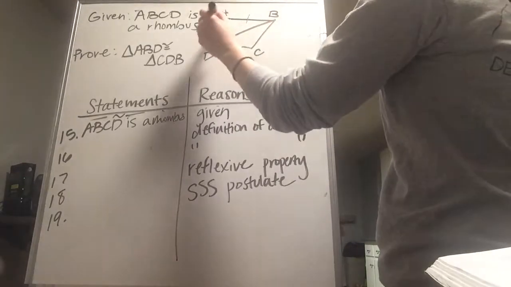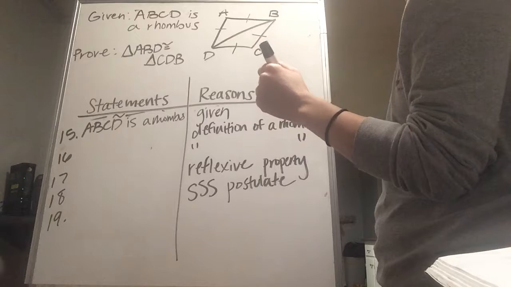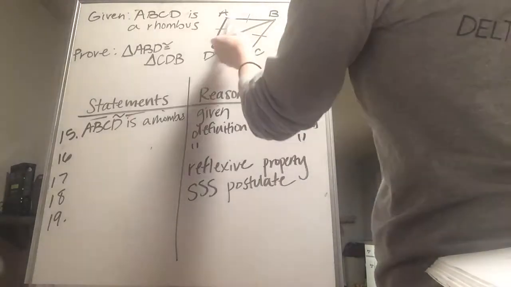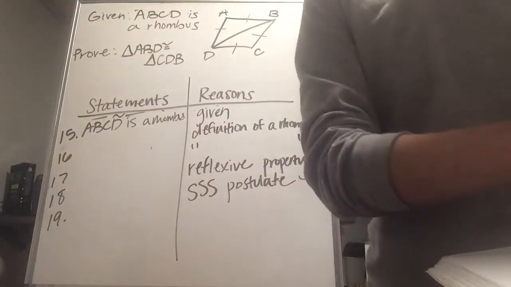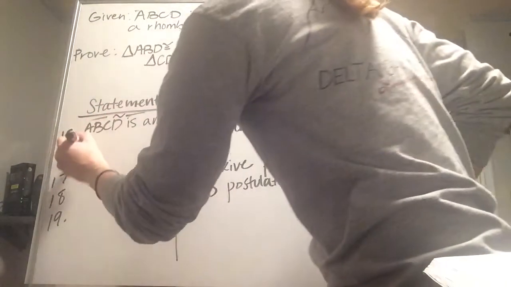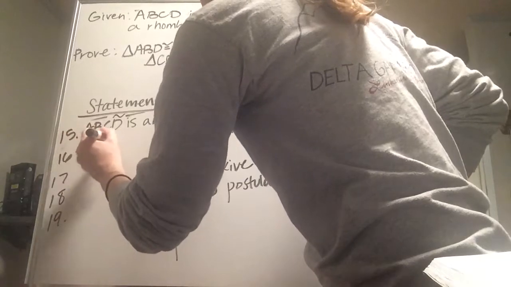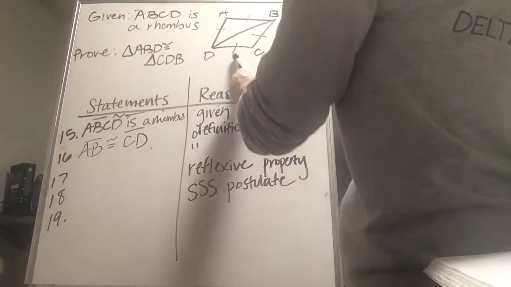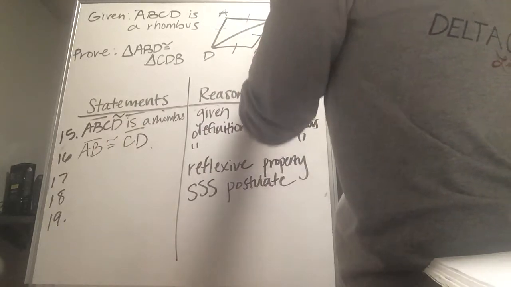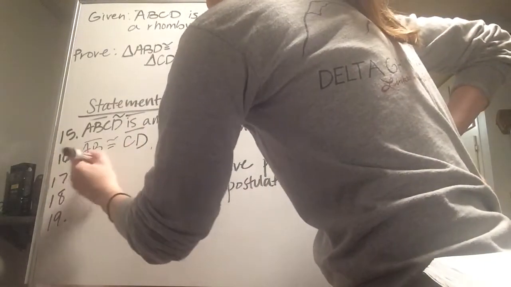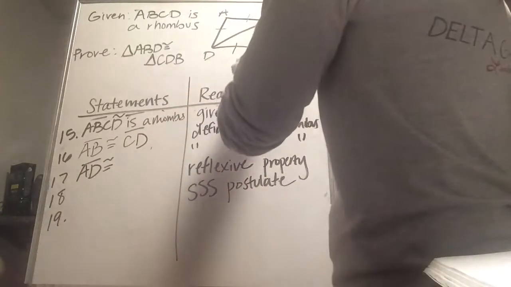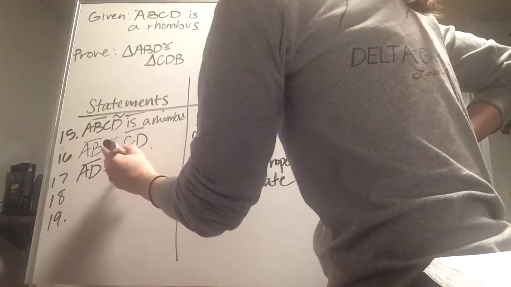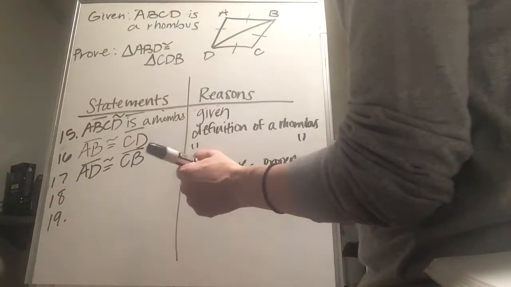Which technically means what? So it means that all the sides are congruent. So definition of a rhombus, well, that lets us establish that AB is congruent to CD. So line segment AB is congruent to CD because of the definition of a rhombus, and then AD is congruent to CB because of the definition of a rhombus.